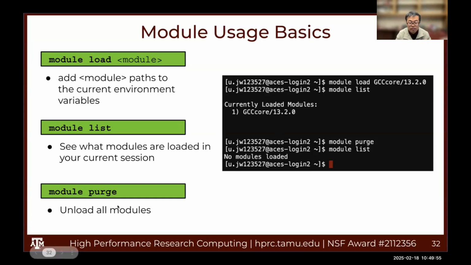Module purge: after, for example, one project you work on another project, the other project may use different versions of software. You want to use module purge to unload all modules, so it doesn't affect the workflow of the next project.